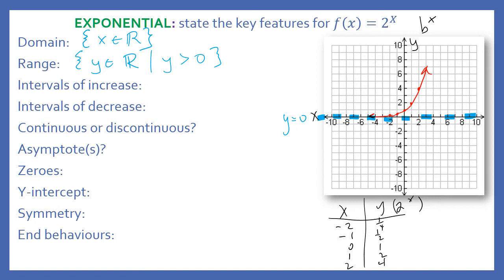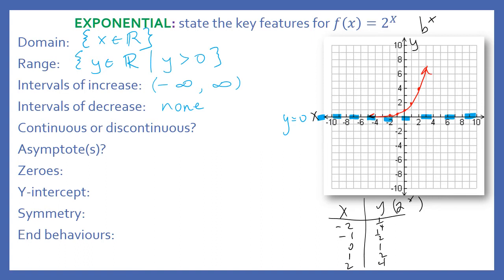Intervals of increase. So as I go left to right, am I increasing or decreasing? I'm forever increasing from left to right. So from negative infinity to infinity, and circular brackets can include infinity. Intervals of decrease, there's none. Continuous, are there any gaps in your graph?